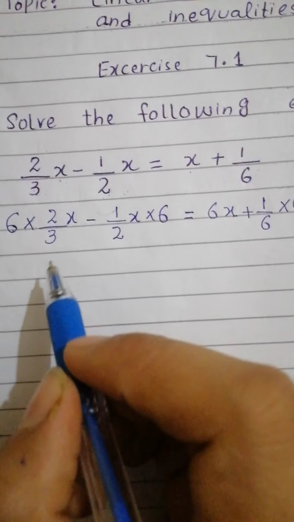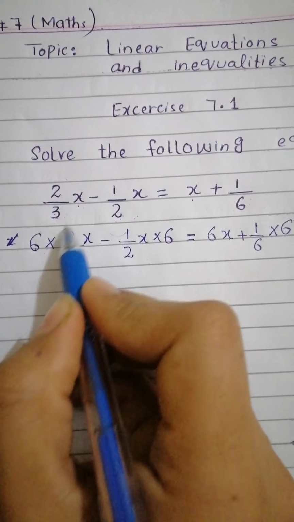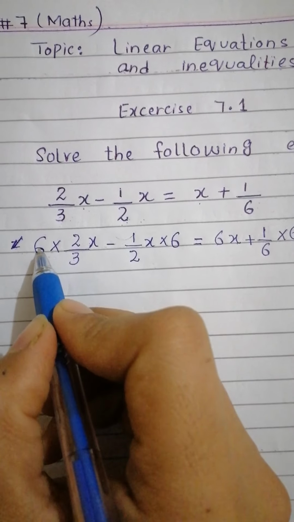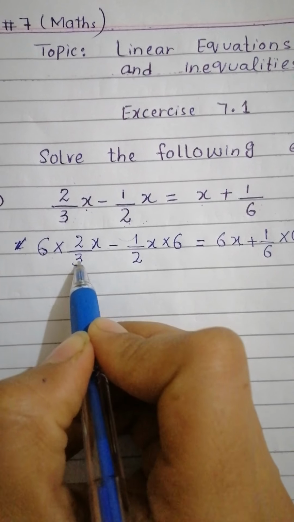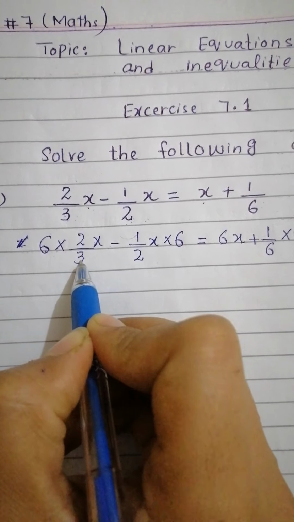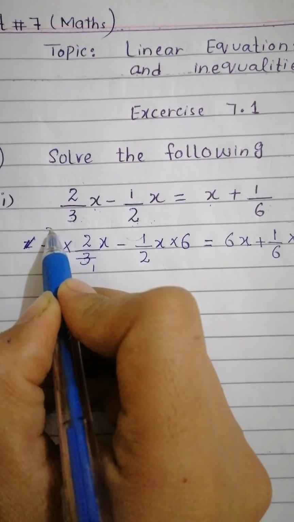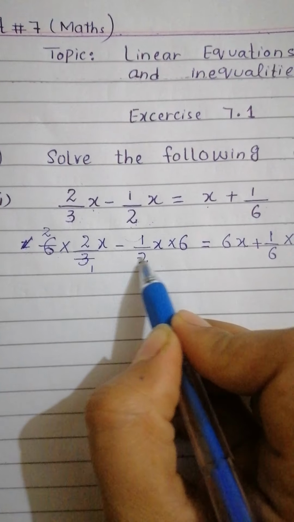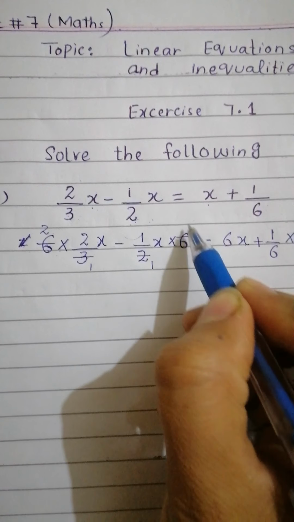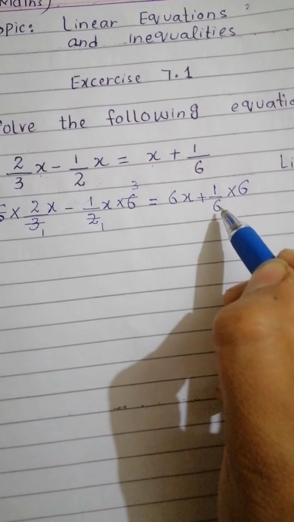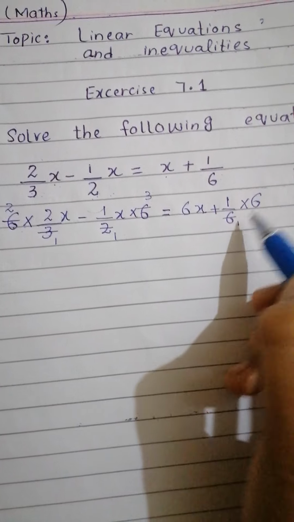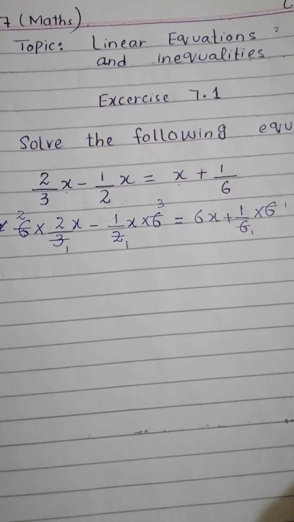Okay, now you can see 6 into 2 by 3x. You can simplify it, numerator and denominator can be simplified. 3 and 6: 3 1 time 3 and 3 2 times 6. Here 2 1 time 2 and 2 3 times 6, and here 6 and 6, 1 times 6 and 1 times 6.